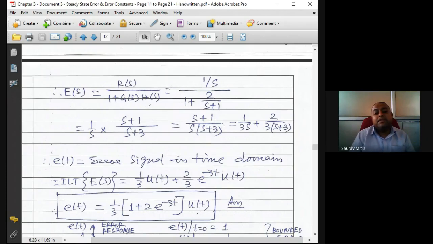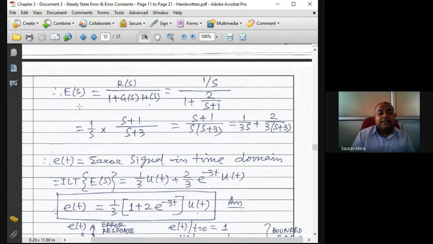Then do the partial fraction, you will find error is equal to 1 by 3s plus 2 by 3 into s plus 3. Then if you are finding e(t), what is e(t)? e(t) is the inverse Laplace transform of E(s). So 1 by 3s inverse Laplace transform is 1 by 3 of u(t), and 2 by 3 into s plus 3 inverse Laplace transform is 2 by 3 into e raised to minus 3t.